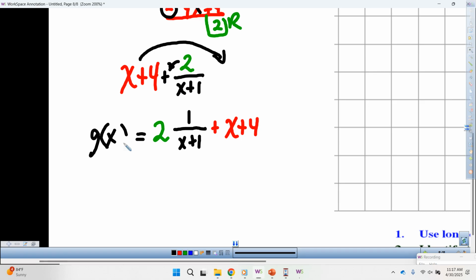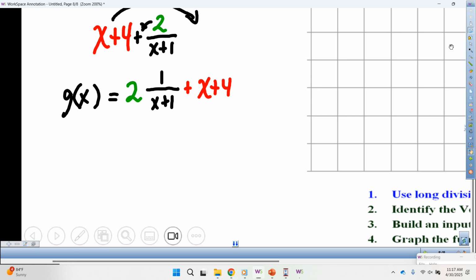You're like, that looks kind of funky, I know. But here we go, let's graph this. We start off with our VA. VA, x equals. Let's see. Turn to your neighbor, let them know, how do we find our VA from this? See if they remember. Tell your neighbor, how do we find our VA?